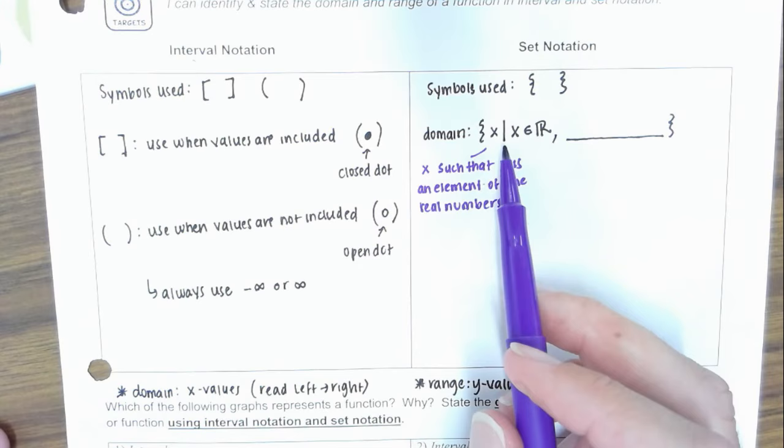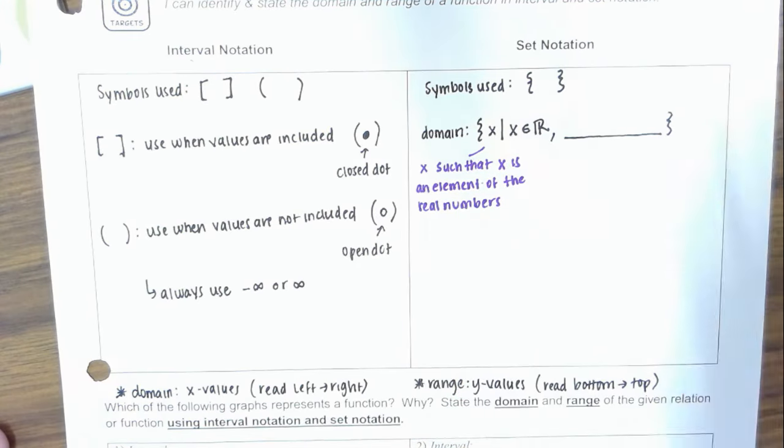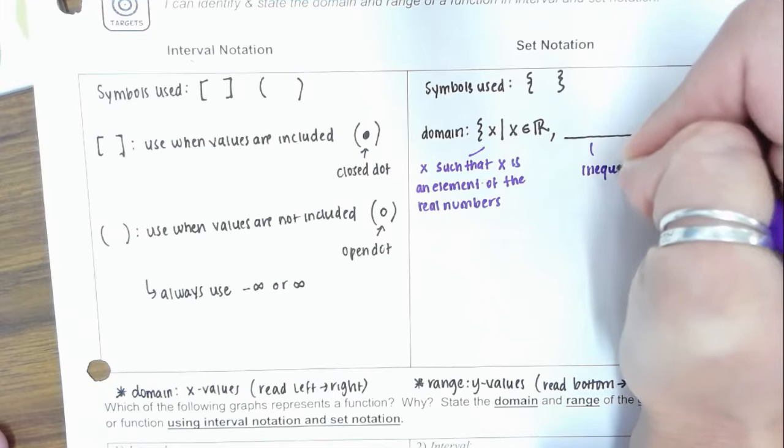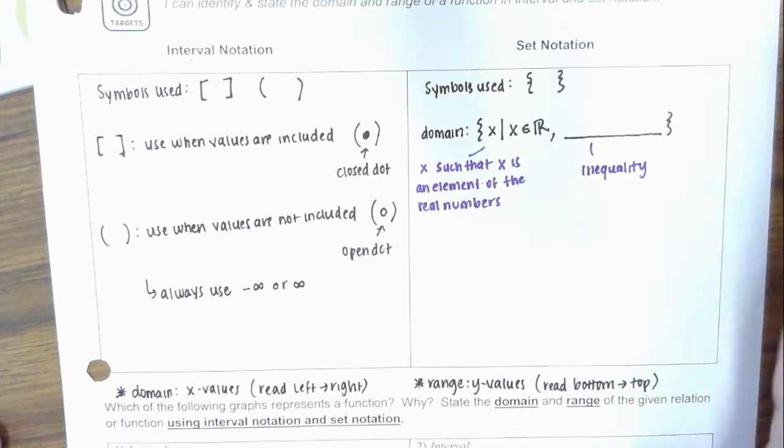So that's read as X, such that X is an element of the real numbers. And then what is going to go here is an inequality. That's going to tell us what values are included or not included.